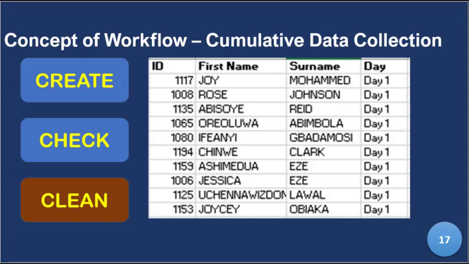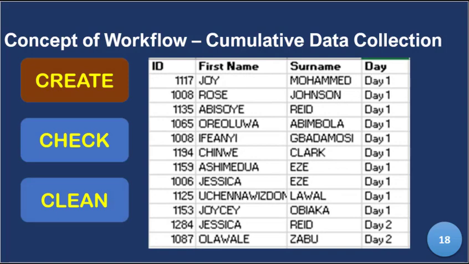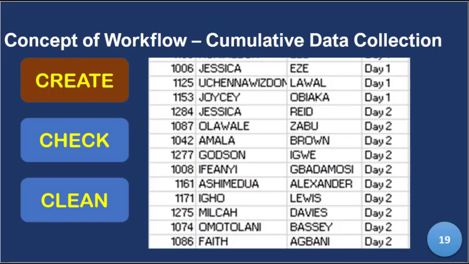So this is happening, but now when we get to day two, when we check the data again, this is the whole day two. Sorry, day one and day two. Remember, I told you it's cumulative.